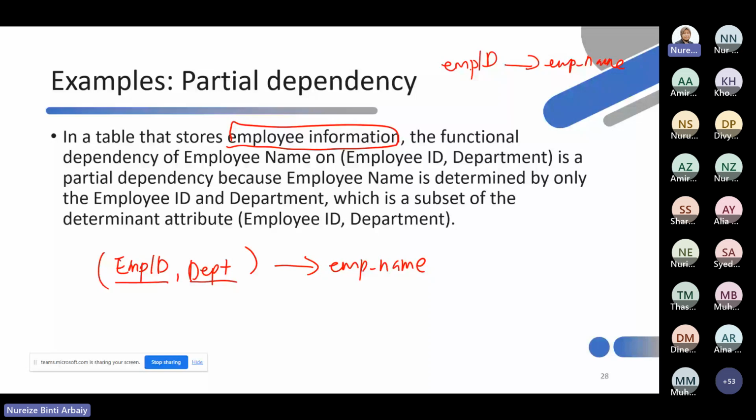But if you can prove that employee name can rely on the employee ID, then you can proceed. So in this case, these two are employee ID and department. One is clearly a primary key, but this one is like a non-primary key. But when they are combined, both can be a primary key, so it is an example of partial dependency. It can be used to identify the employee name.